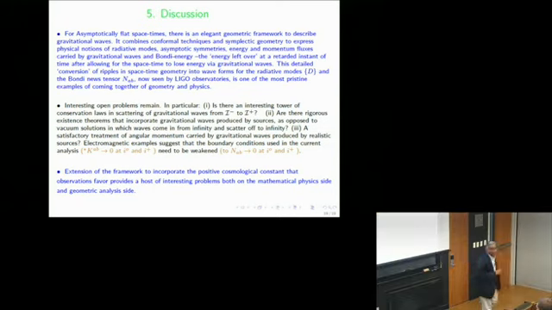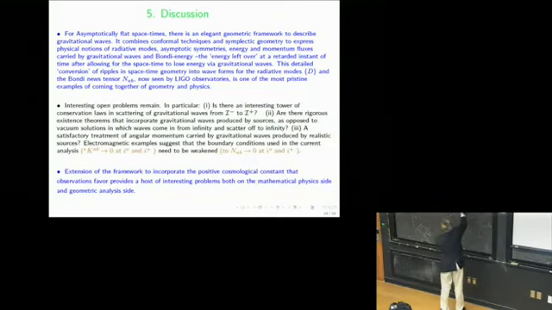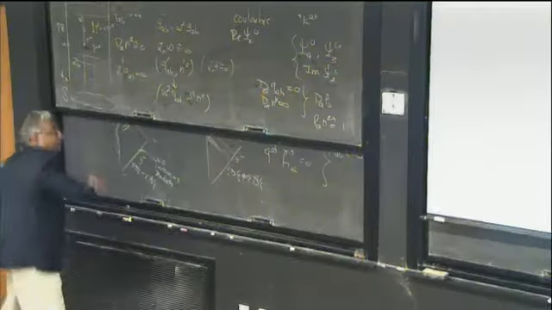Because of time, I did not really go into this topic, but there are some very interesting things that come up from electromagnetic examples. To really allow for realistic sources, one has to remove the boundary condition at Scri that these quantities go to 0 as you go to Scri plus and i0.